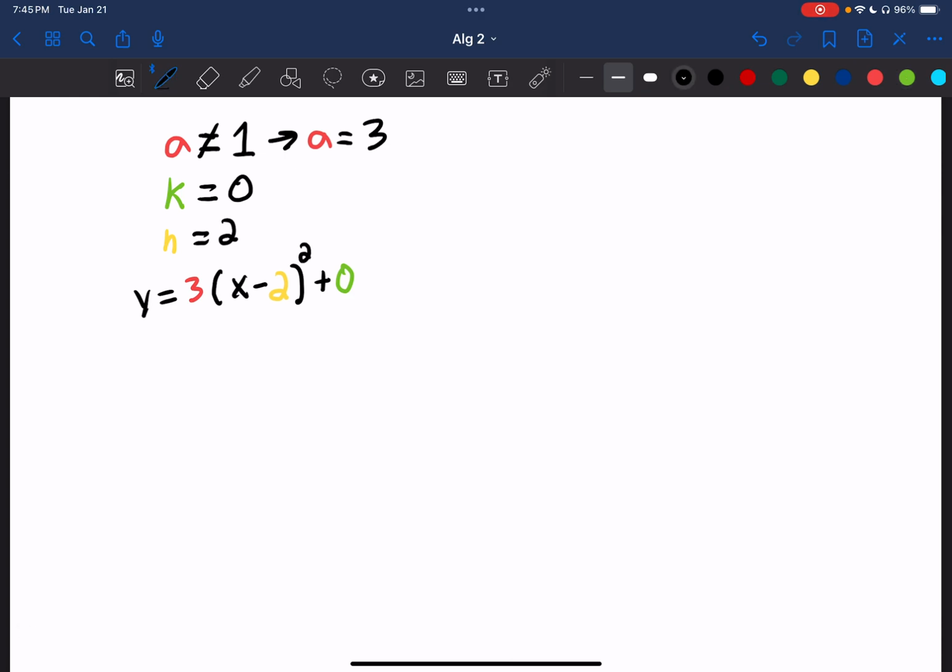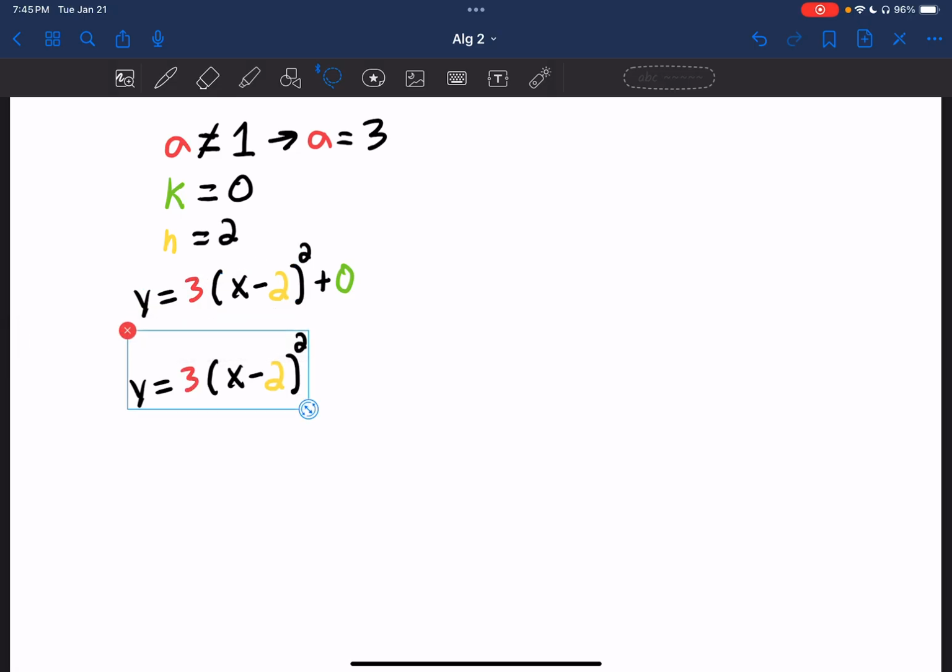But when k is 0, we know that anything plus 0 is just itself, right? If you add 0 to something, you don't change its value. So in this equation, we can just take this first part, copy and paste it, leaving out the 0 at the end. And this is our vertex form.